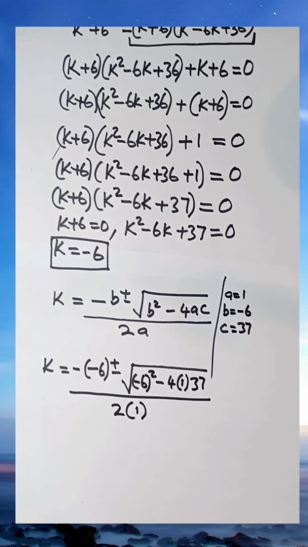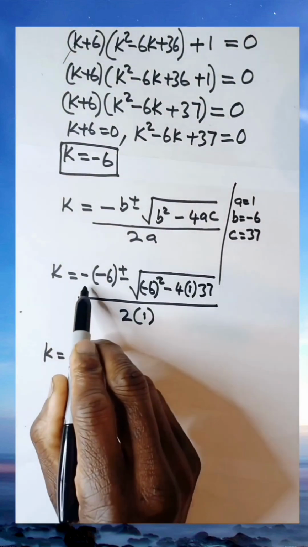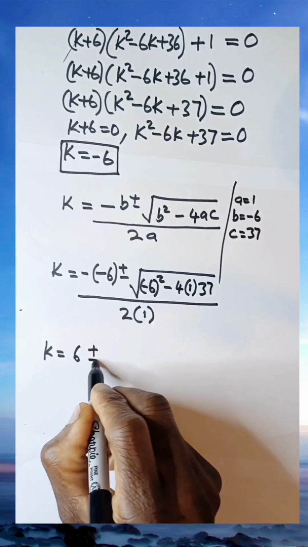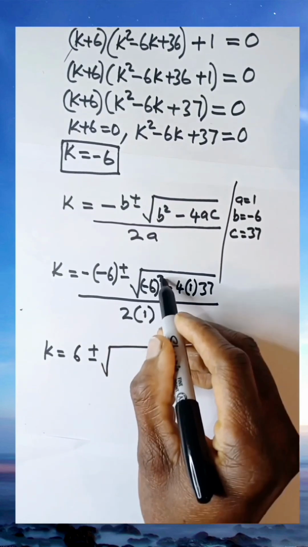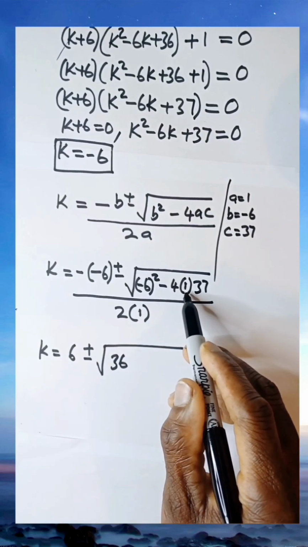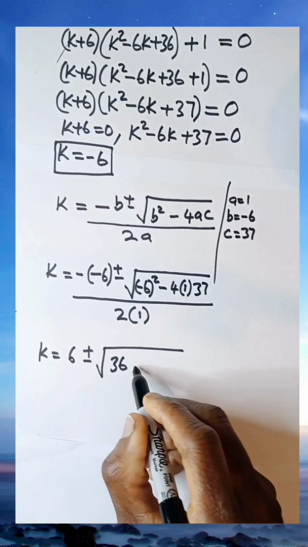So we will have k is equal to minus times minus 6 will give us plus 6. So we will have 6 plus minus the square root of minus 6 squared will give us 36. Minus 4 times 1 will give us minus 4. And minus 4 times 37 will give us minus 148.